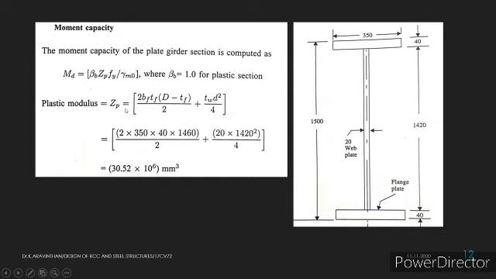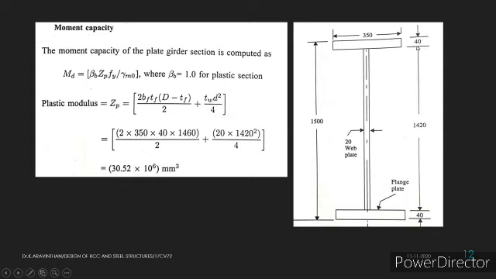So in this drawing you can see that for this whole section you need to find the Zp. So there are two members, that is web and the flange. So let us find the section modulus of the flange first. That is breadth into thickness. Breadth of flange is 350 and thickness of flange is 40 mm.